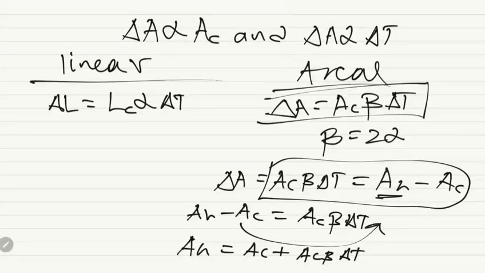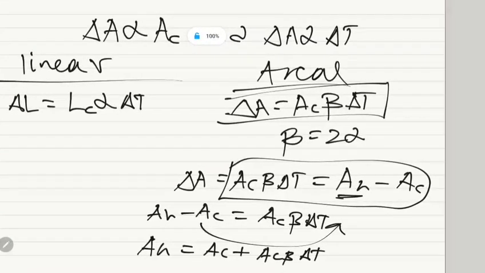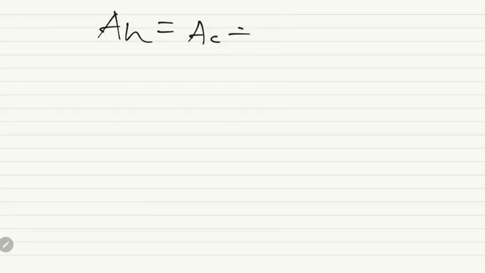Now what is going to be the expression for the final area? So we have the area at the hotter temperature is equal to the area at the colder plus area at the colder times beta times change in temperature.